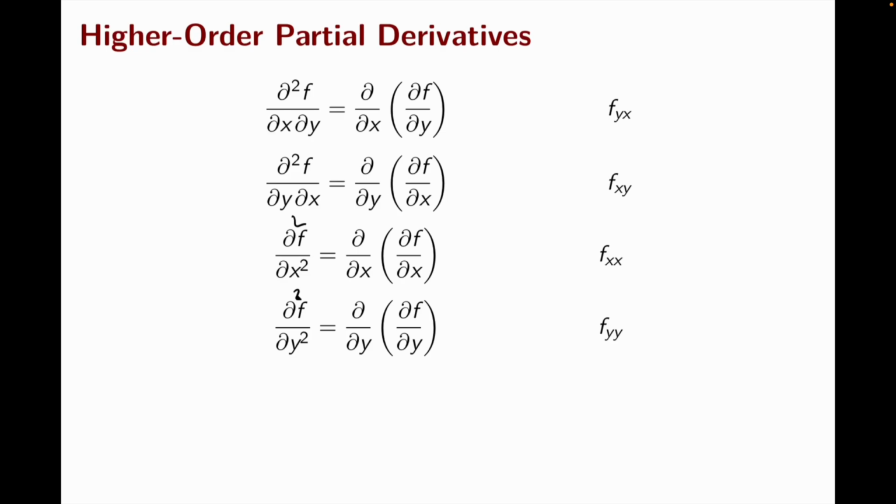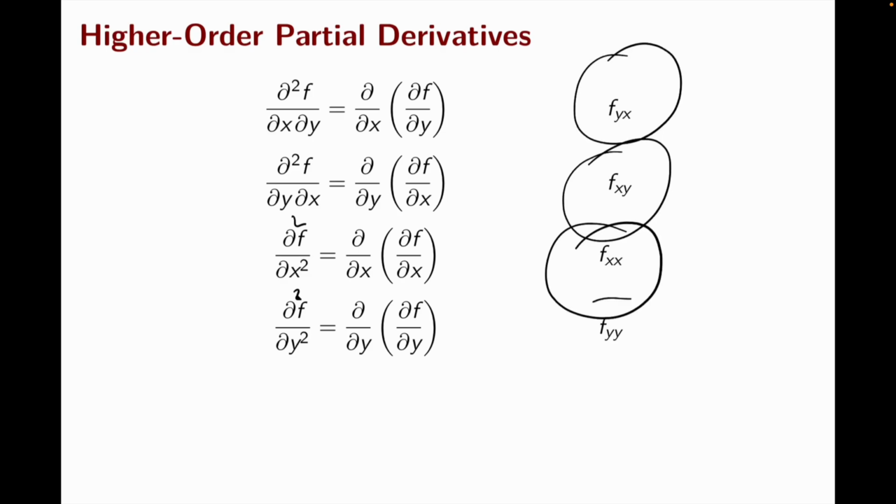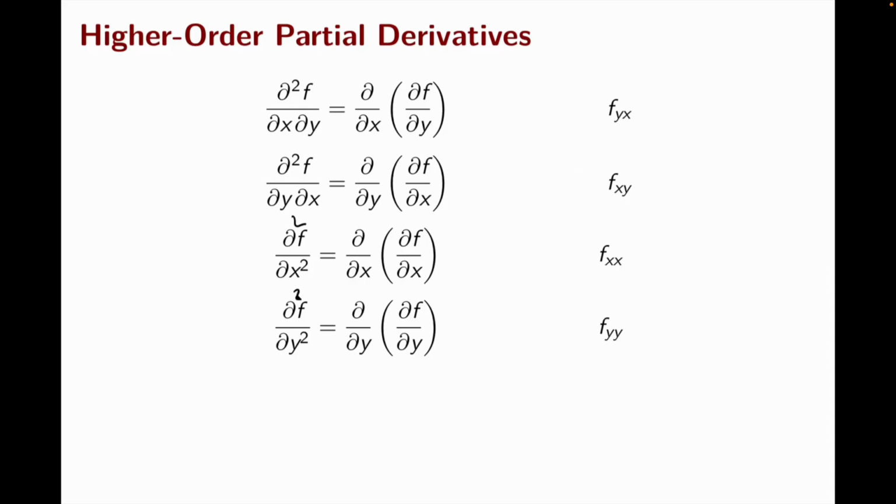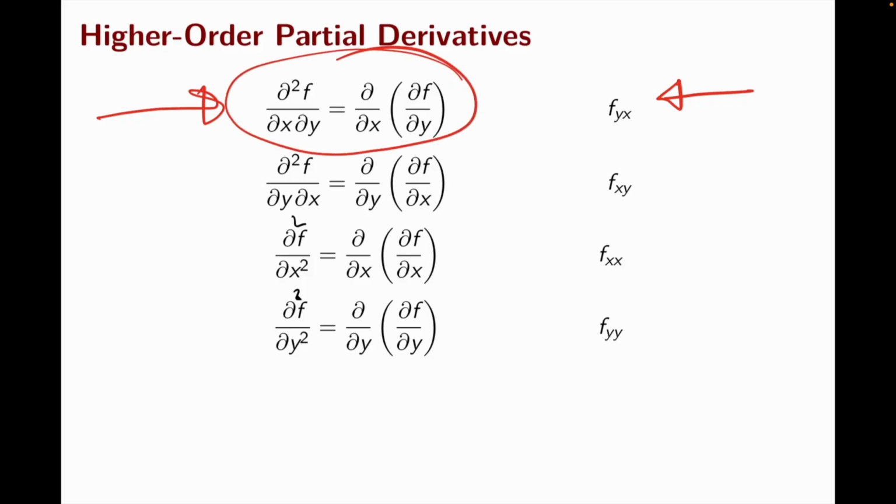One more thing: this is an alternative notation for this derivative that is also very common to use. It is very important to pay attention to the order here, since the order in which you write in this notation and the order in which you write in this notation are different. This one is saying that you do the derivative with respect to y first and then with respect to x.